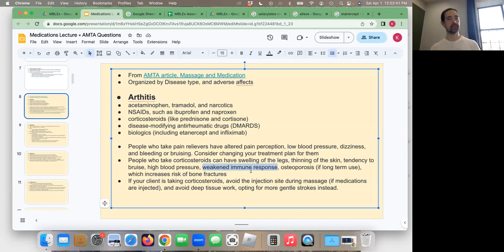So if you have prednisone or cortisol, or if you're producing cortisone, like you have high amounts of stress, one effect of that can be that your body doesn't respond to an infection as well. So infections can proliferate more easily, or some minor infections like a cold, you may not even notice. So you may be carrying rhinovirus or other types of viruses that cause cold symptoms, and you may not have any of the symptoms because your immune system is not generating swelling and runny nose and sneezing and irritation of the tissues.